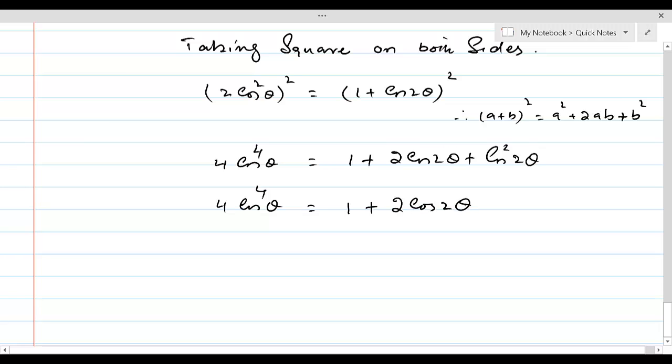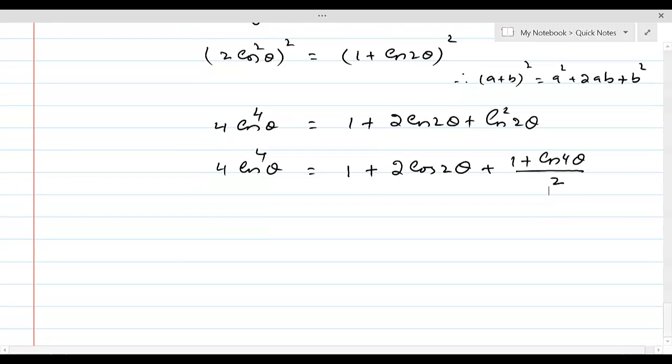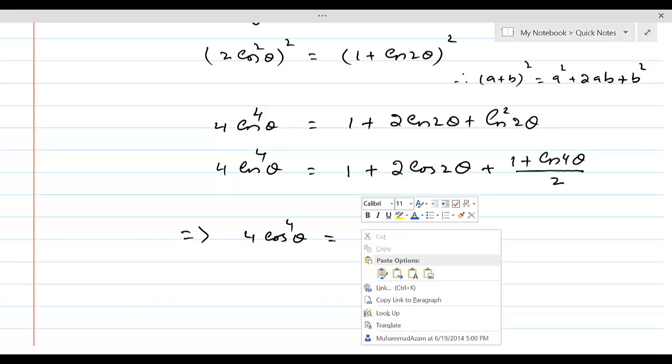Up to this point it's fine, but for cos square 2 theta we are required again to reduce it into multiples of theta, and for this we will have 1 plus cos 4 theta divided by 2, using the same trigonometric identity for double angles. So this will give us 4 cos power 4 theta equal to 1 plus, rather let's take the LCM on both sides.